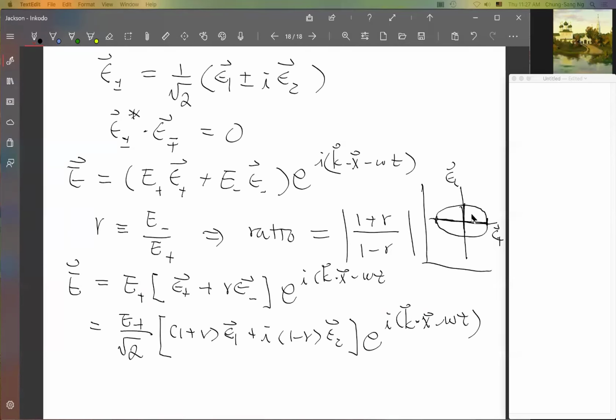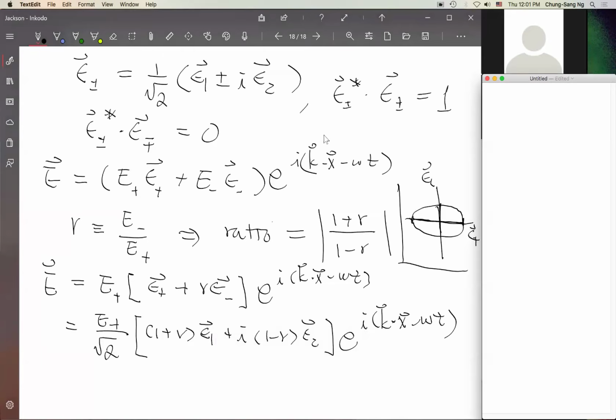So this is a situation where the two major and minor axes of the ellipse lie along epsilon 1 and epsilon 2, but it can actually have an angle, depending on the phase of R. R can be complex, but just by this ratio you can see that it's a general situation like an ellipse. It takes a few more lines to see how it rotates at a certain angle, depending on the phase of R. Okay, we'll do that next time.